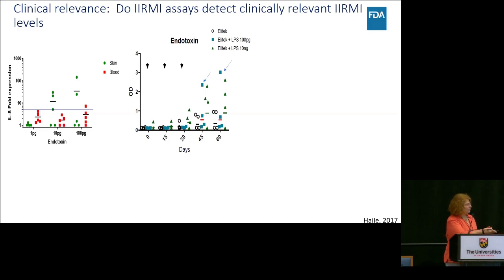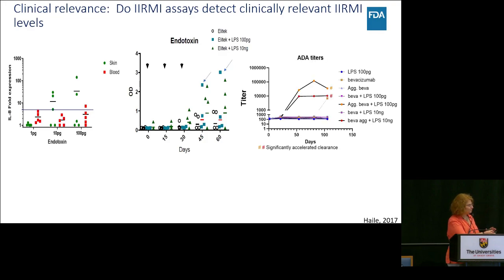And those levels really correlated with an increase in the titers, or in the number of monkeys developing antibodies to a co-administered protein. So again, the idea is, yes, we see a local innate immune activation, and that one was associated with an increase in titer. To the extent that we can do, 5 monkeys per group, so not super solid, but some indication.